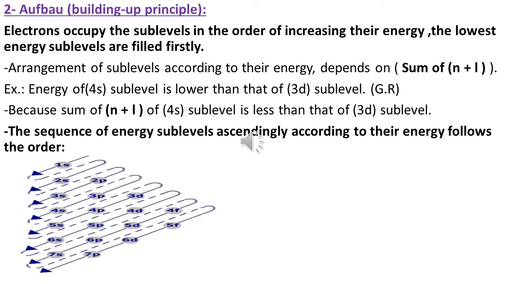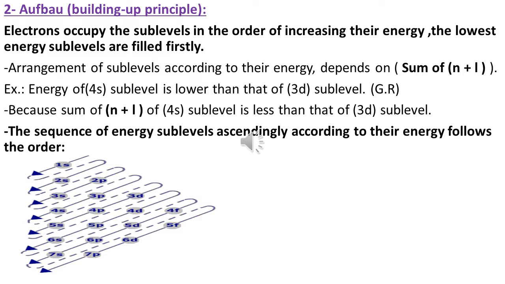Example, the energy of 4s is lower than the energy of 3d because the summation of n plus l of 4s is less than the summation of n plus l of 3d. The n of 4s equals 4, the l equals 0, so the summation of n plus l of 4s is less than that of 3d.